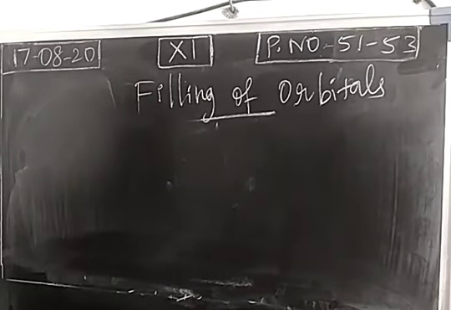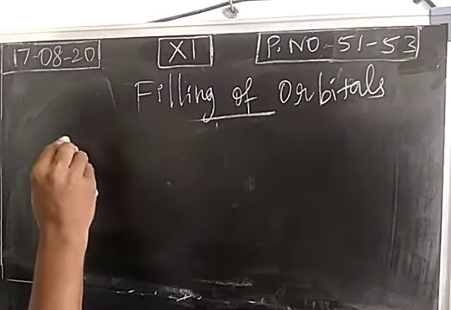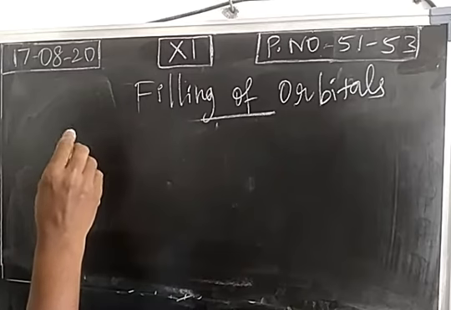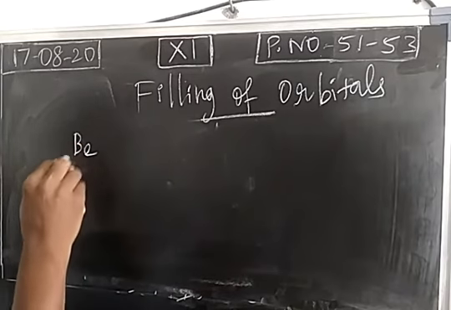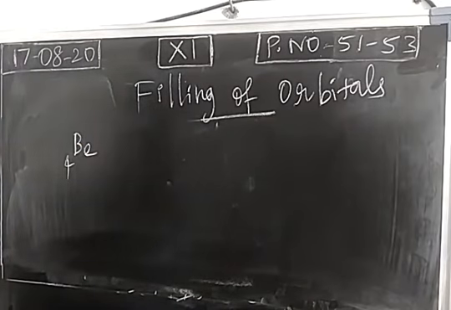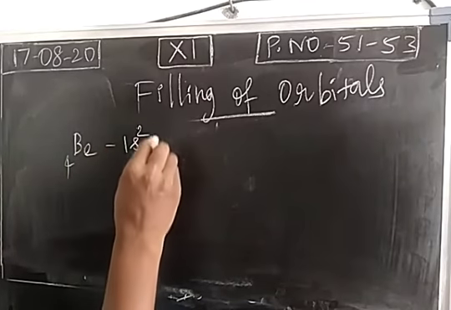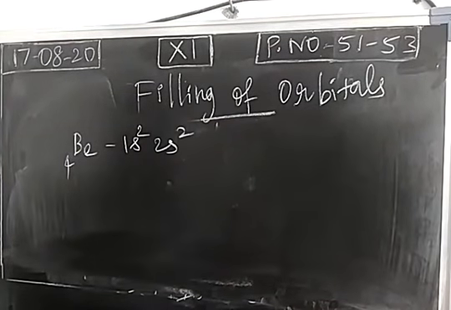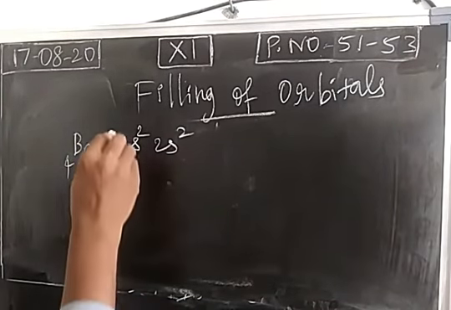In the same way, we can write quantum numbers for some other atoms also. For example, take beryllium. For beryllium, you can write quantum numbers. Electronic configuration 1s2, 2s2.